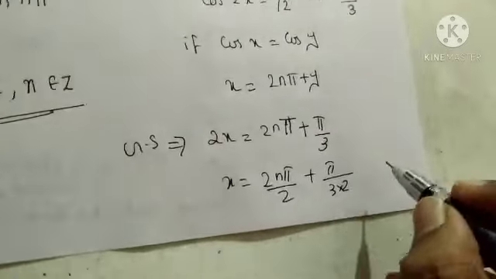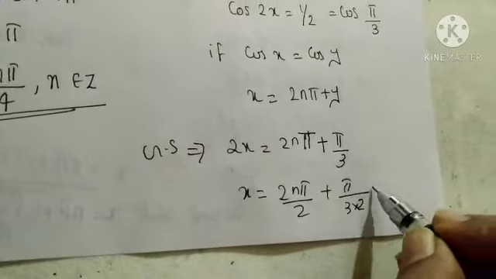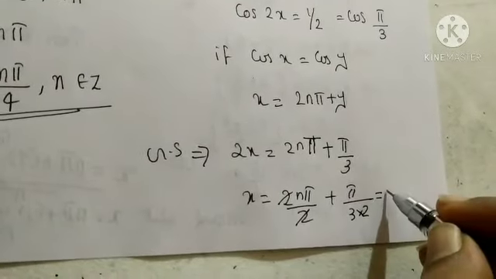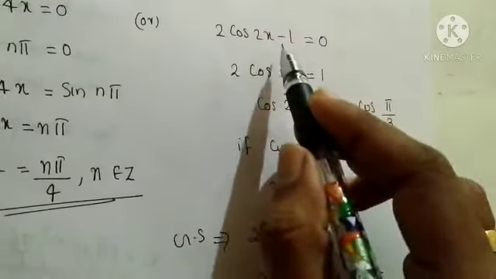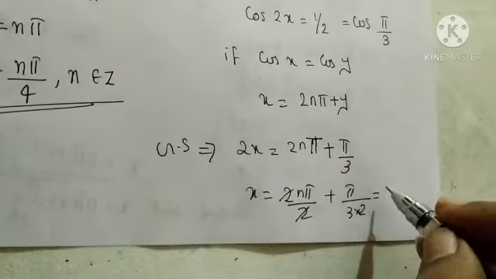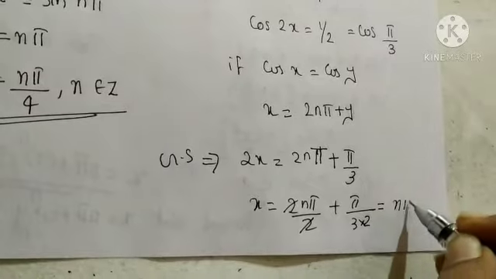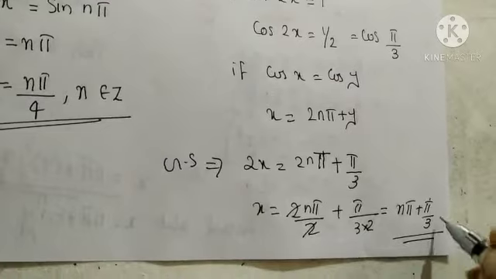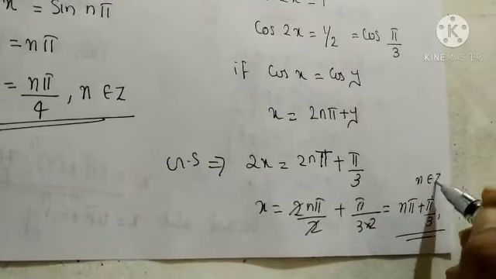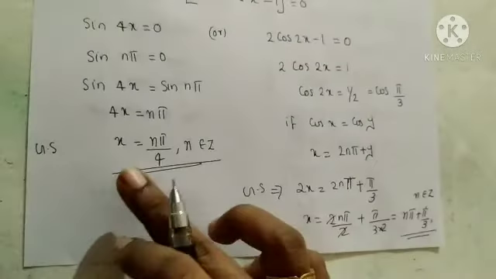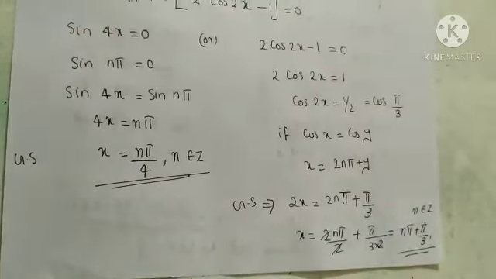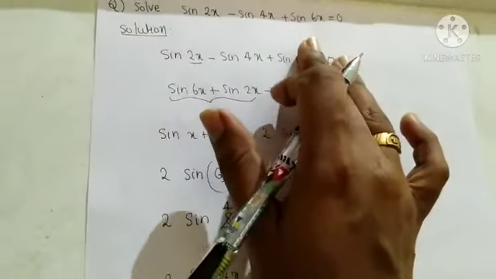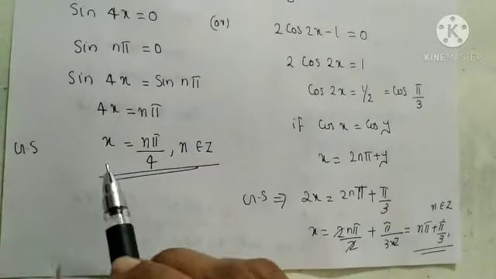Okay, and this will be further equal to, cancelling these 2, so the general solution of 2 cos 2x minus 1 equal to 0 will become n pi plus pi by 3. Also note that n is an element of z. Okay, so these are the general solutions of our question, sin 2x minus sin 4x plus sin 6x equal to 0. Okay.